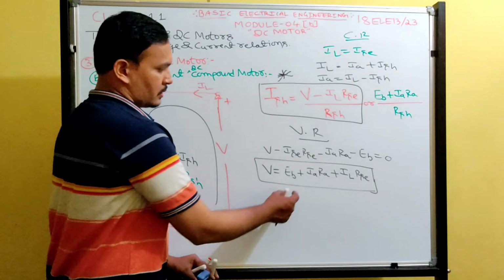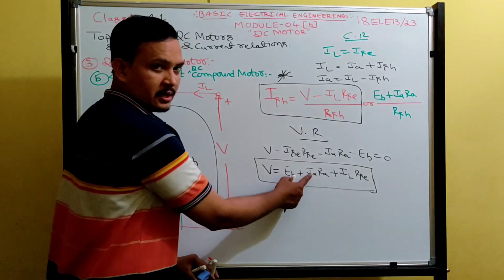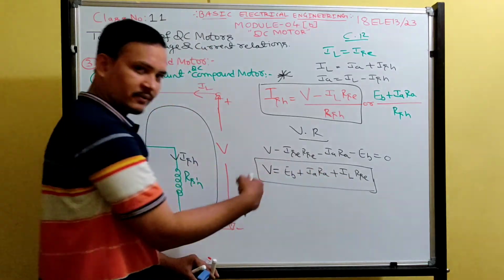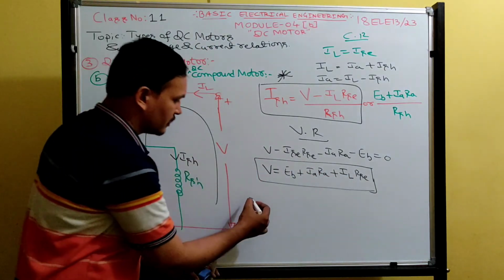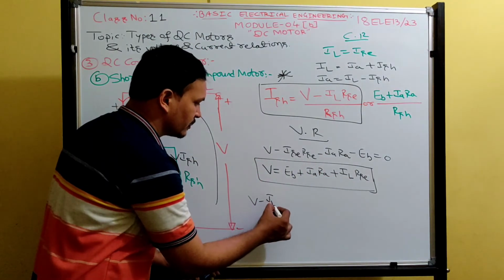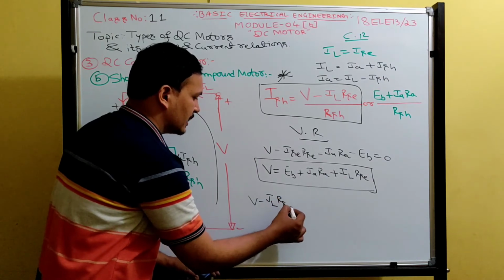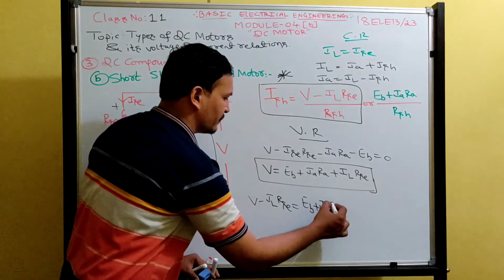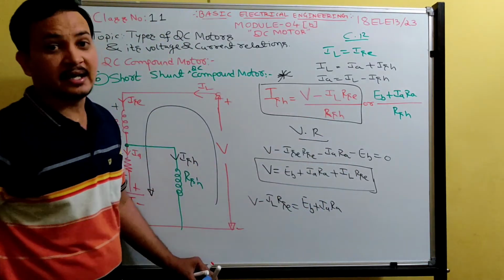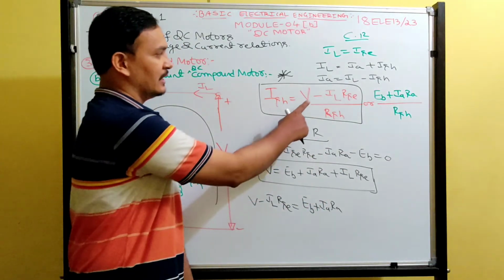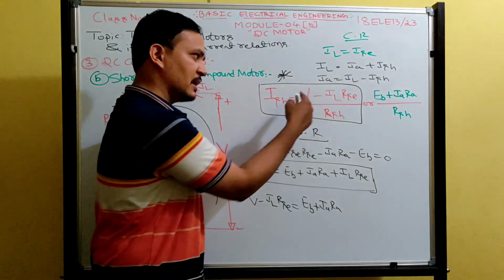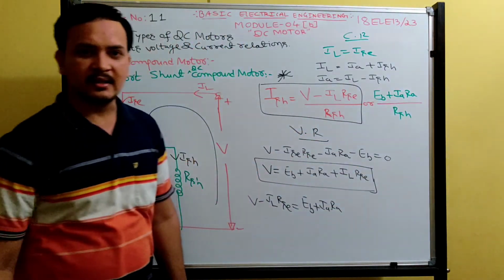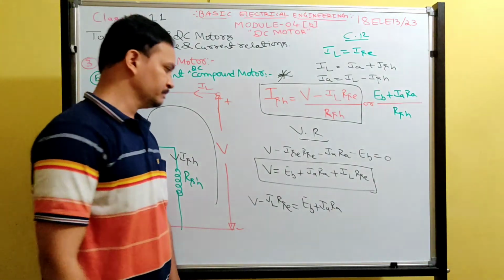Eb plus IaRa. Now you take this one to the left hand side, IL Rsc. Then what happens? Minus now. V minus IL Rsc can be written as what? Very good. Eb plus IaRa. That's why I wrote here. V minus IL Rse can also be written as Eb plus IaRa.